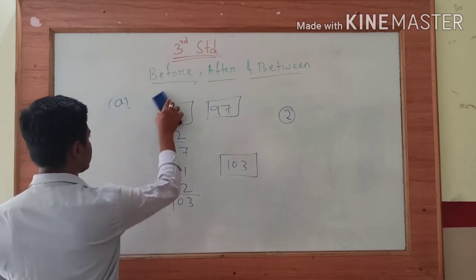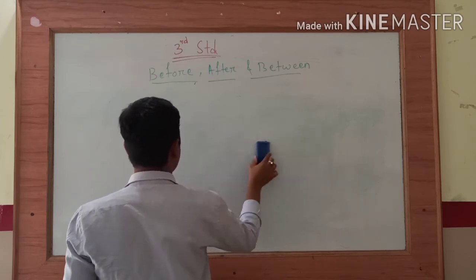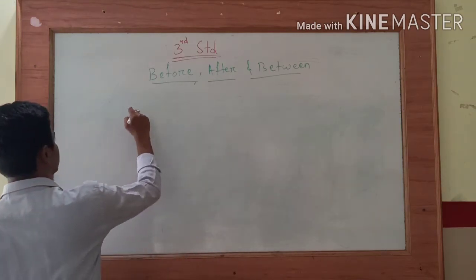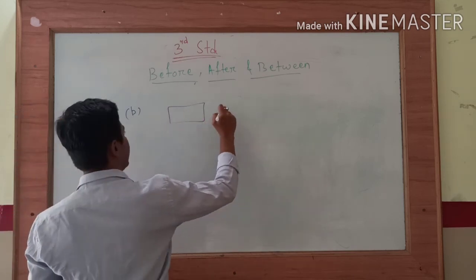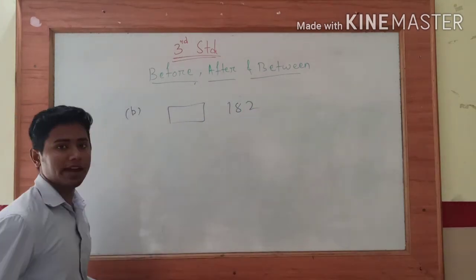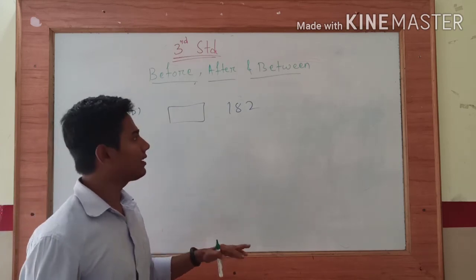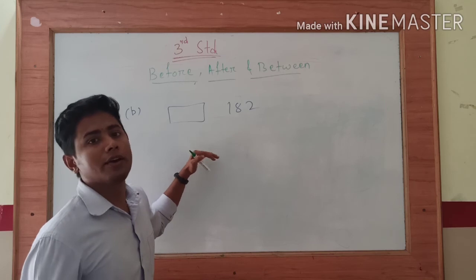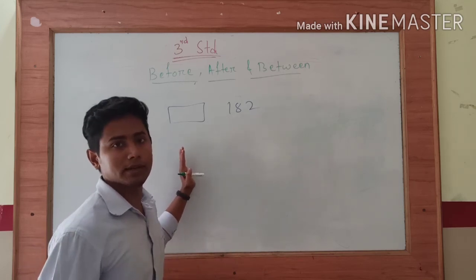Now B1. The box is given before and 182 is written here. So you can find the before number. But one twist is there, count by 2. In the before question, we found the before number by subtracting 1.